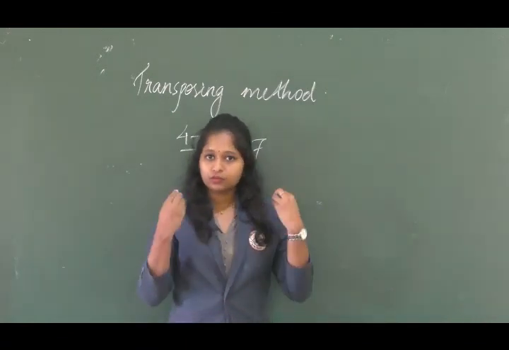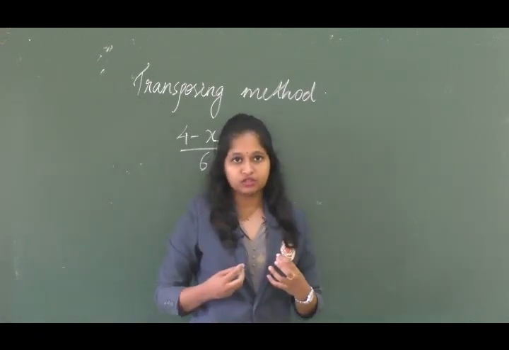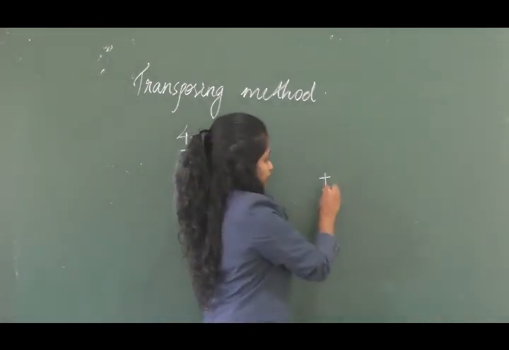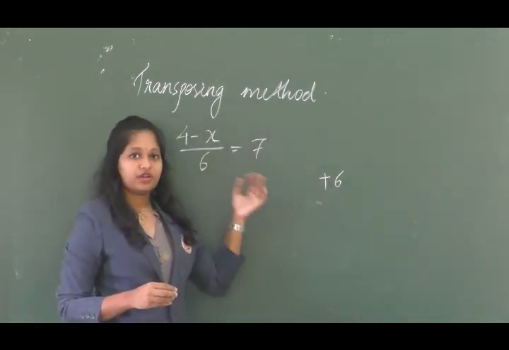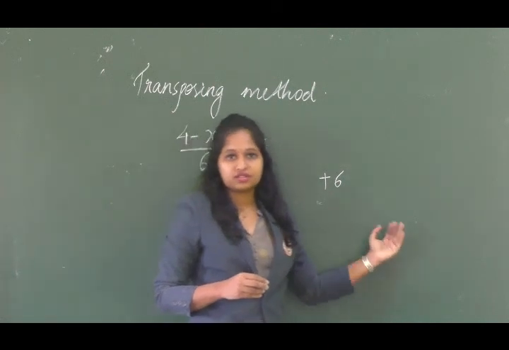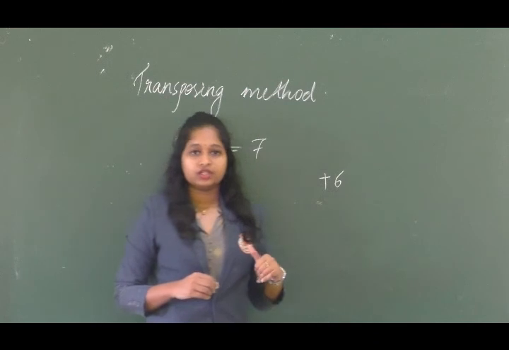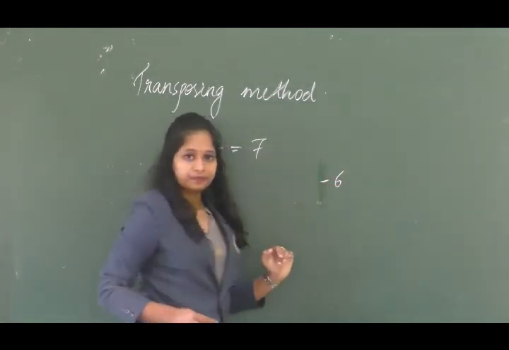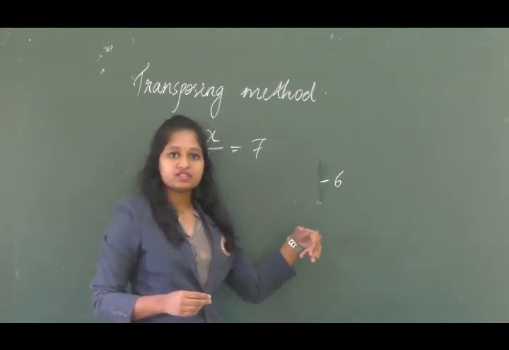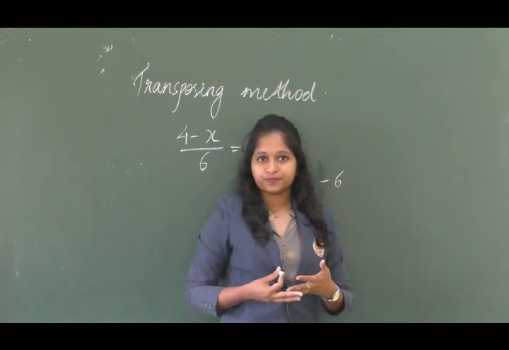If you want to take one positive number, if it is plus 6, if you want to take this plus 6 from LHS to RHS, it becomes minus 6. Okay? If it was minus 6 in the LHS, when you take that minus 6 to the RHS, it becomes plus 6.